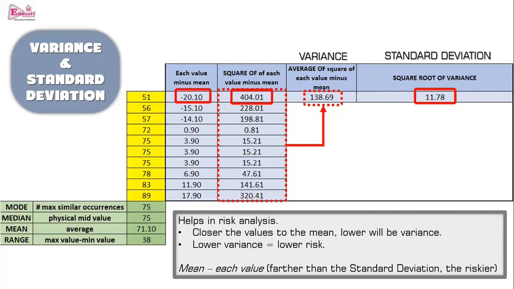They are very much fond of looking at variance and standard deviation, because variance and standard deviation help us in identifying the risk. Higher the variance, higher the risk. The closer the variance, the lower the risk. The logic by which variance is calculated helps us in taking the risk analysis. And how do we do that?